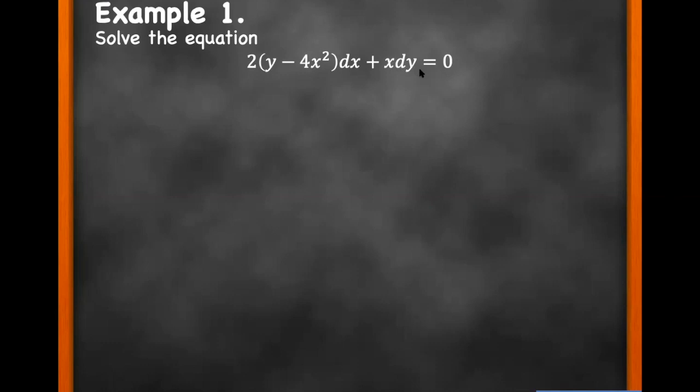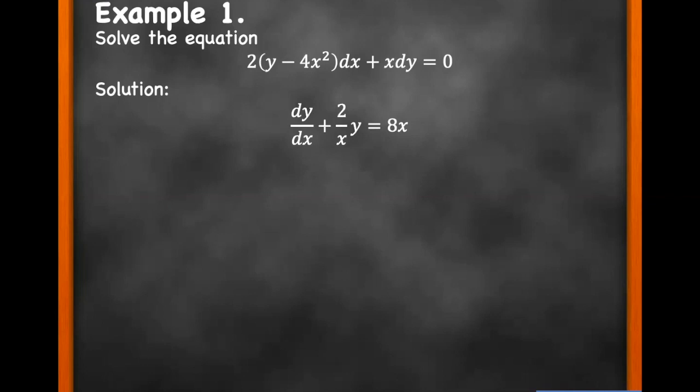If you are able to arrange it into standard form, whether linear in y or linear in x, then the next steps will be more convenient. So this equation is actually linear in y: dy over dx plus 2 over x times y equal to 8x.